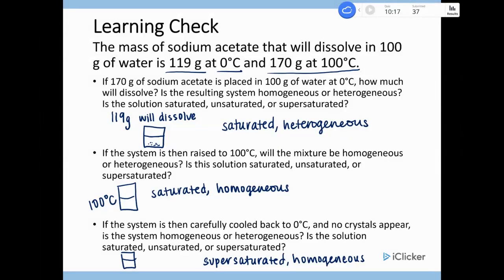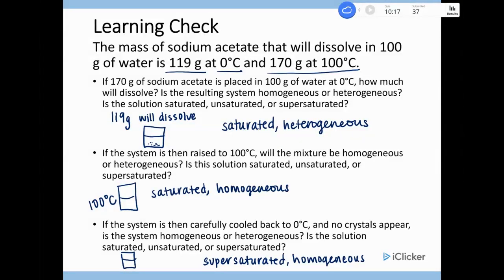Yeah, I can. So a saturated solution has exactly the amount of solid that can dissolve at that temperature under normal conditions. So like at 100 degrees Celsius, you can dissolve 170 grams. If you just added 180 grams to 100 grams of water at 100 degrees Celsius, 10 of the grams that you added would remain a solid.